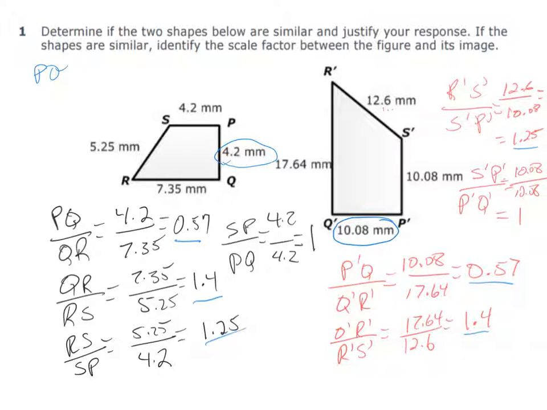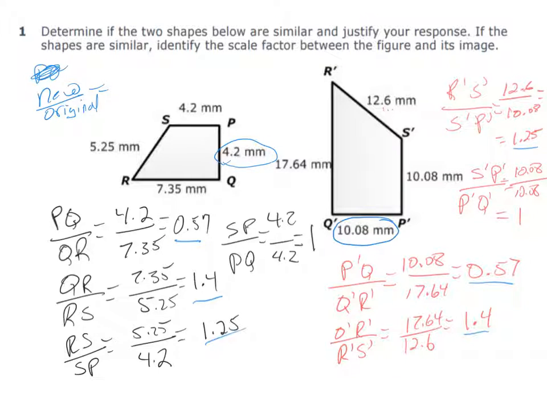Now PQ, let's make sure we get this right. We need to have, and I'm going to do this if you don't mind, new divided by original. This is to find the scale factor. Some people will say image divided by pre-image, but let's make it as simple as we can, if you don't mind.